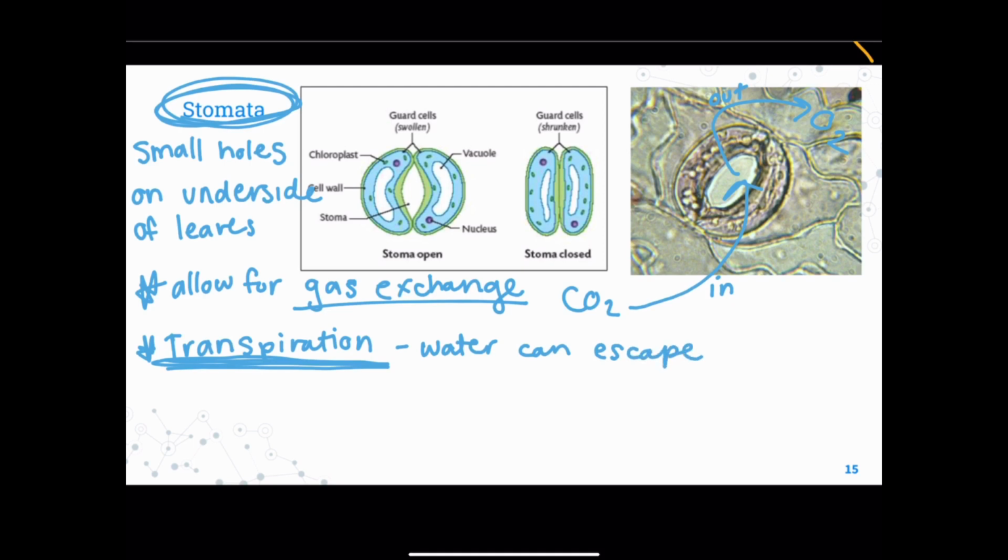So it's not always good for water to be able to escape. So in order to control how much water is able to leave, stomata have this cool ability to open and close in response to different weather conditions.